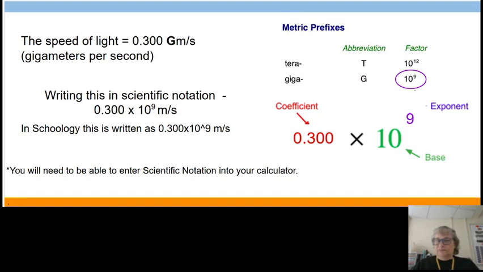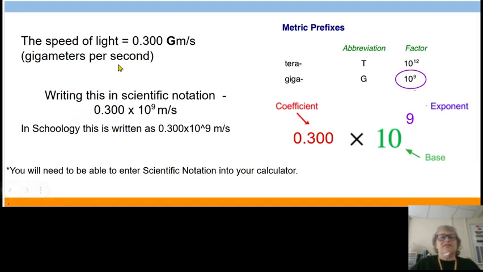So here's an example. The speed of light is 0.300 gigameters per second. Gm/s is gigameters per second. The G is the abbreviated form of the prefix, M stands for meters, and we'll learn this later, but meters divided by time is meters per second.